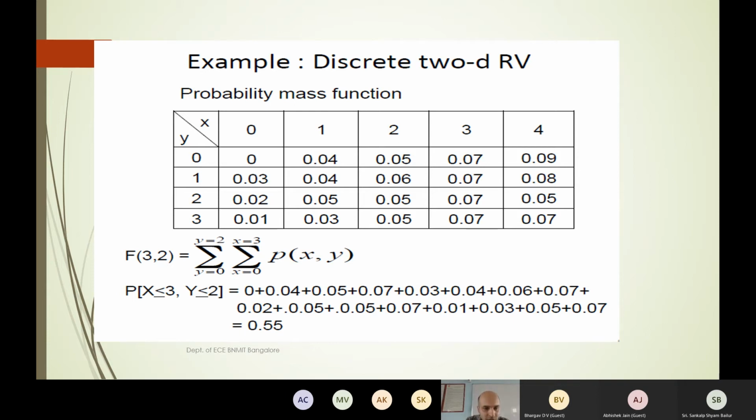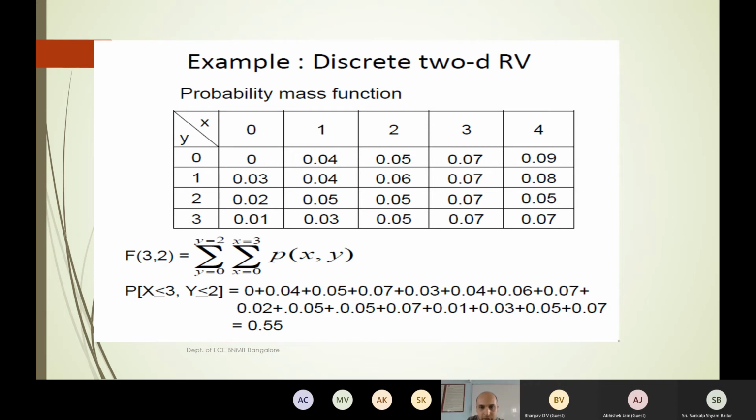This is neatly documented as a CDF, cumulative distribution function, capital F of (3, 2). If I had to write a notation for it, I would write F subscript XY, saying that it's a joint CDF. So we are just going to the joint CDF of the discrete random variable right now, which is P(X ≤ 3 and Y ≤ 2). For X less than or equal to 3, you can imagine an imaginary line drawn over here.